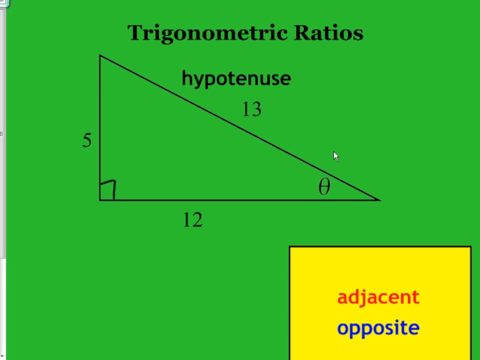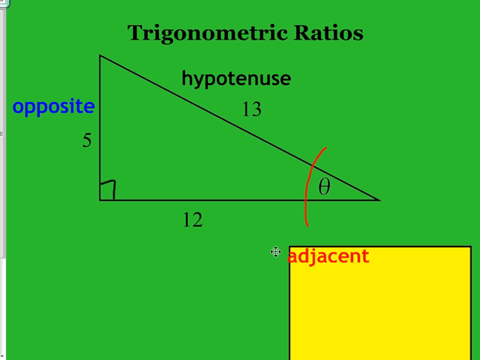For naming purposes, we're going to talk about this beta angle. The opposite side of this beta angle is this 5, and the adjacent is the one right next to it.